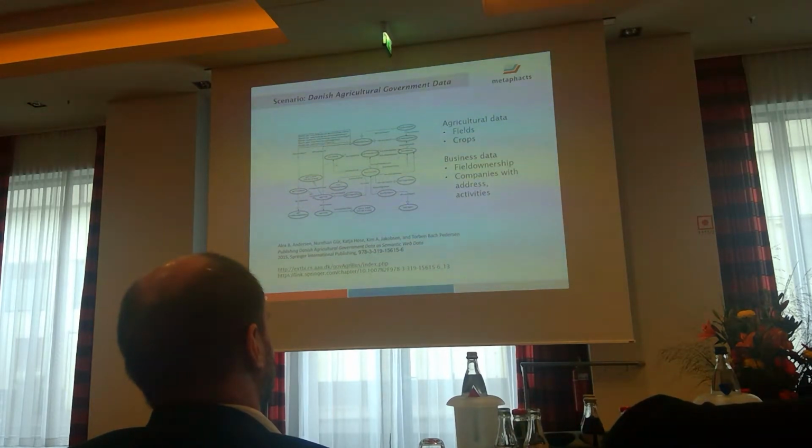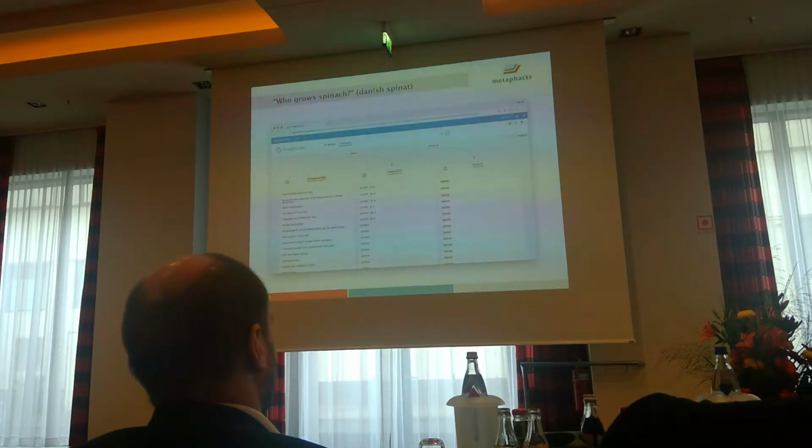Now, given this data graph, you can use Graphscope, for example, to ask questions like, who grows spinach? Or spinat, which is the Danish word for that. And you do this very simply by just entering the keywords "spinach company". What Graphscope does is interpret these keywords given your data and find entities.